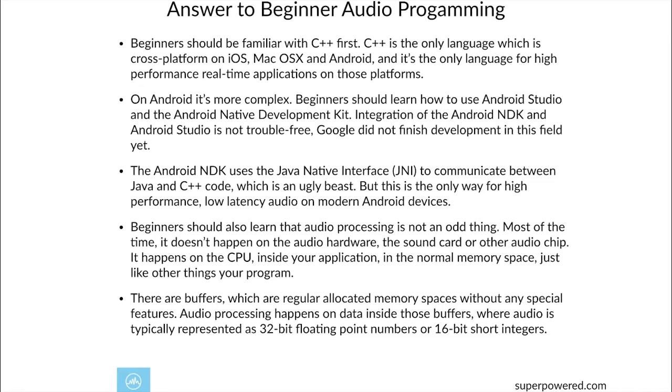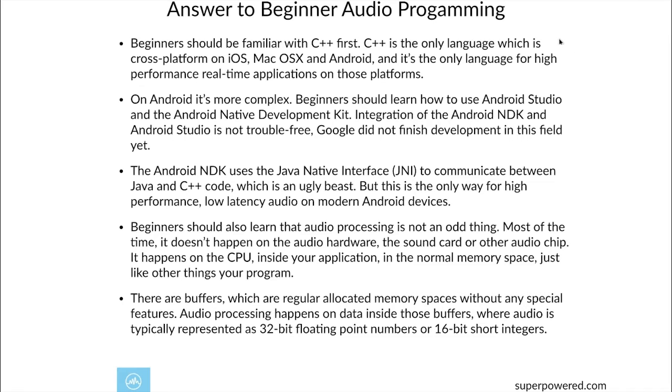So next thing is buffers. Audio buffers are regular allocated memory spaces without any special things or features. So audio buffers are really just allocated memory spaces and nothing more. And audio processing happens on the data inside these allocated memory spaces. And audio is just a bunch of 32-bit floating point numbers or 16-bit short integers.